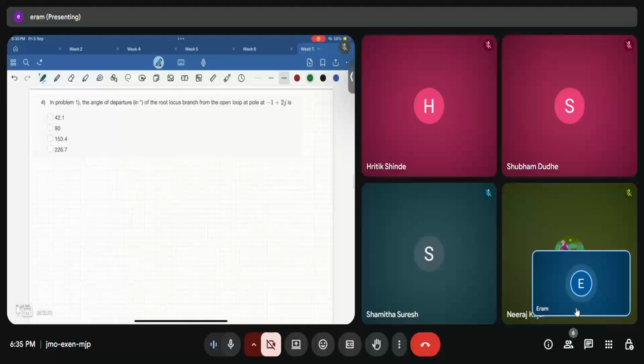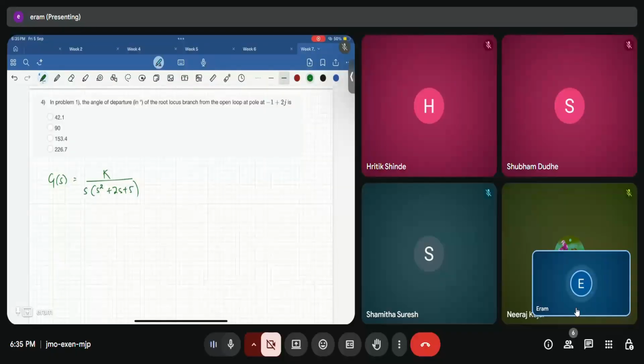Okay, so for the previous problem, which has the open loop transfer function, I'm again writing it so that you can easily do the calculations. It was s square plus 2s plus 5.